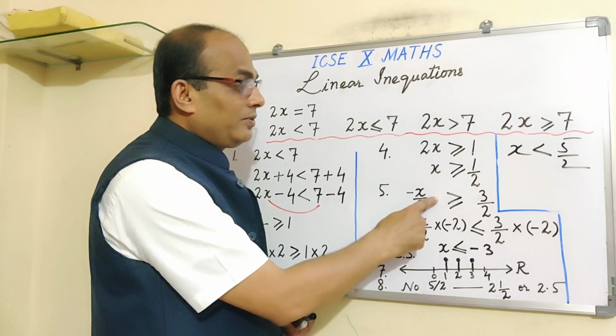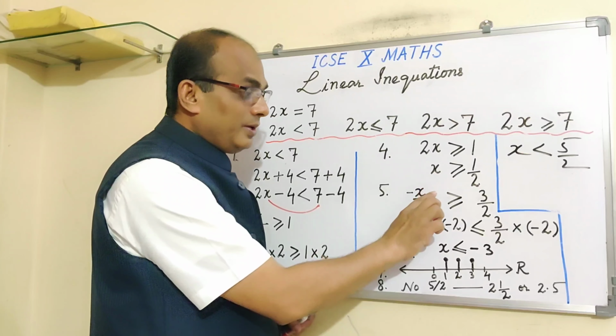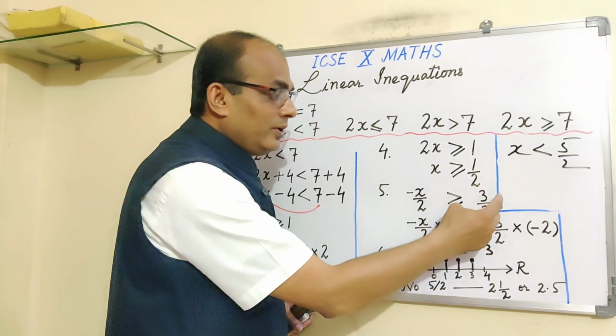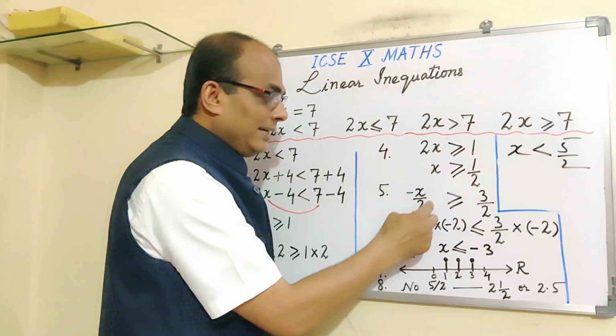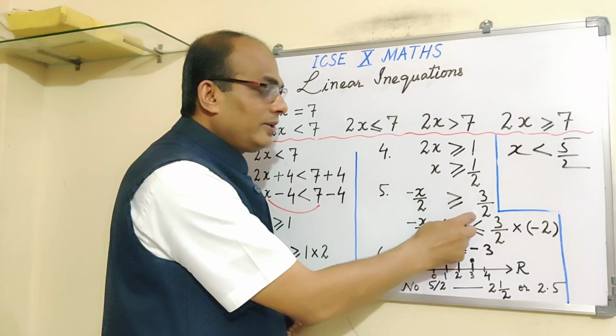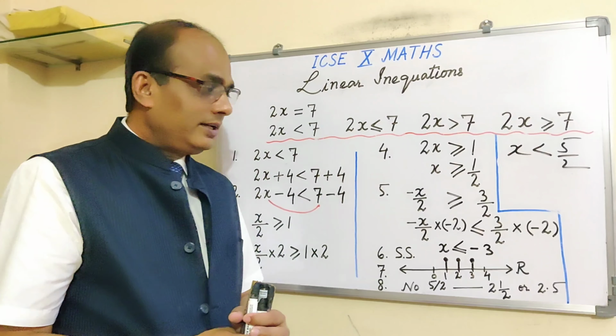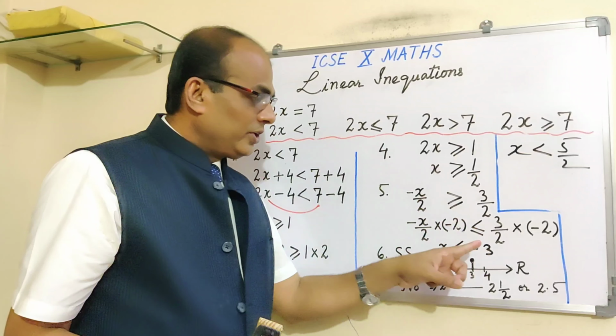Suppose here you have plus 2, so you are transposing from the left side to the right side. So plus 2 is going here and becoming minus 2. So minus x upon 2 is greater than or equal to 3 upon 2 and minus 2. For only correct transposition you are given 1 mark. And then you reach till here.